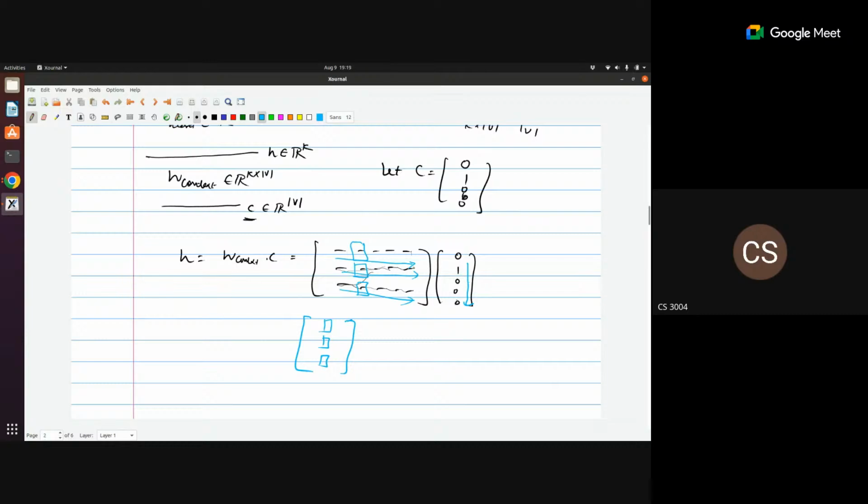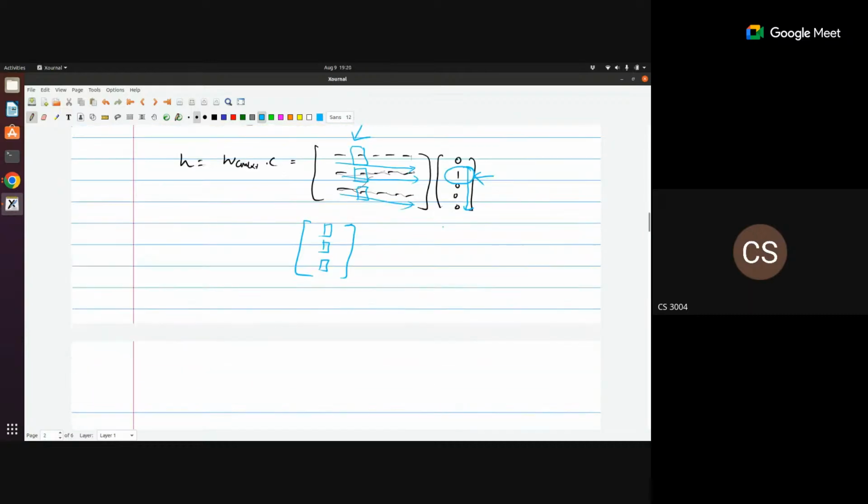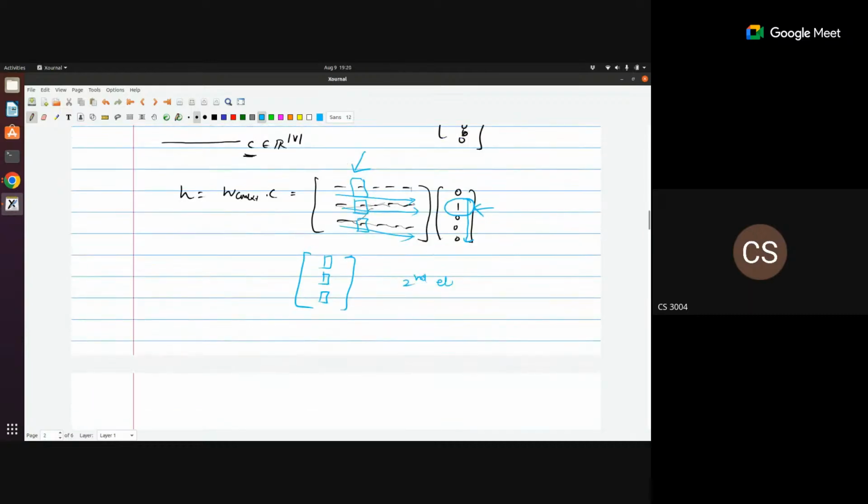Eventually, you can see that when the second element in the one hot vector is on, you get the second vector here, and so on. You can take more examples. In general, when the ith element is on in the one hot vector, you get the ith column from W context.